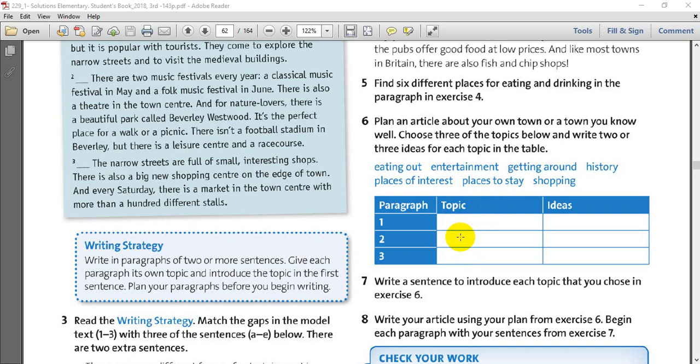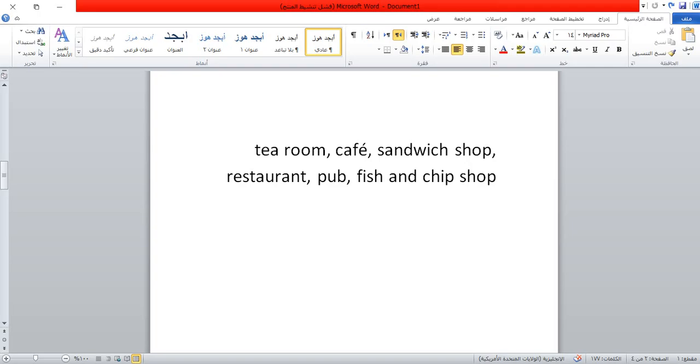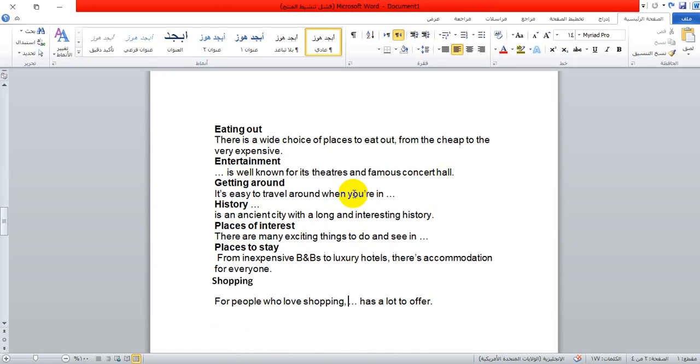Here we have number 7. Eating out: There is a wide choice of places to eat out, from the cheap to the very expensive. Entertainment: My town is well known for its theaters and famous concert hall. Getting around: It's easy to travel around when you are in my town, for example.